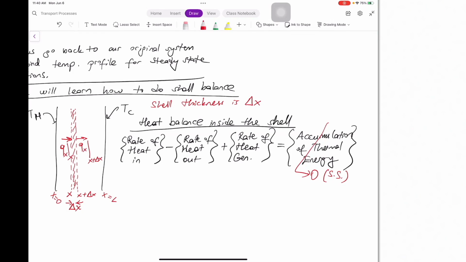And we want to actually do the simplest case where the generation is 0, no generation of heat. Well, basically, energy is neither generated nor created, but sometimes one form of energy can transform into another type of energy. For example, you can conduct electricity through a wire to turn electrical energy into heat energy.